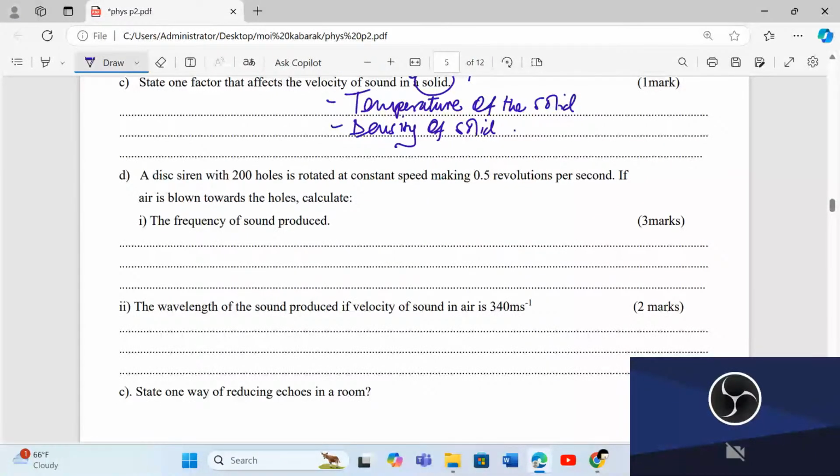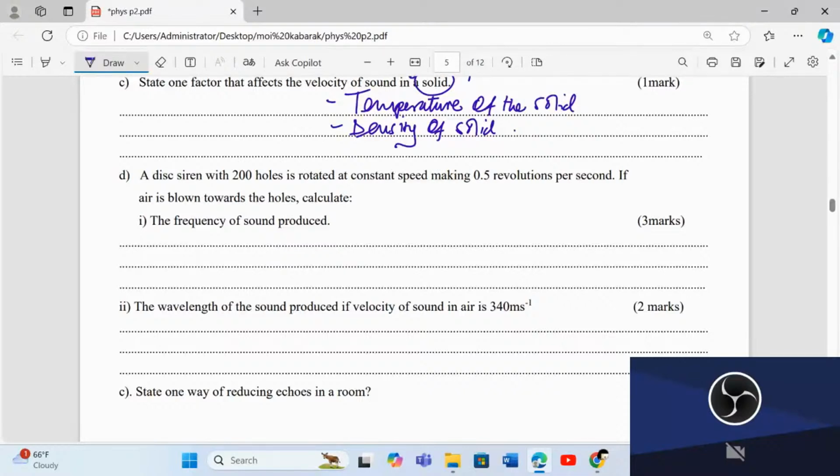A siren with 200 holes is rotated at a constant rate making 0.5 revolutions per second. If air is blown towards the holes, calculate one, the frequency of the sound produced.